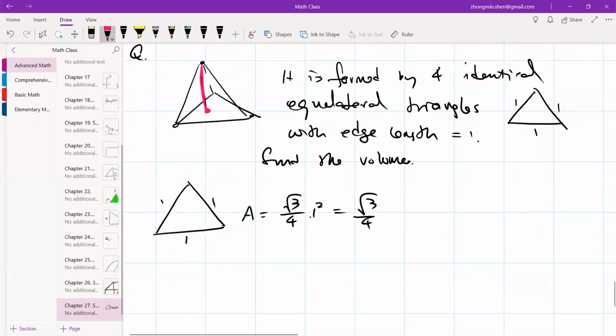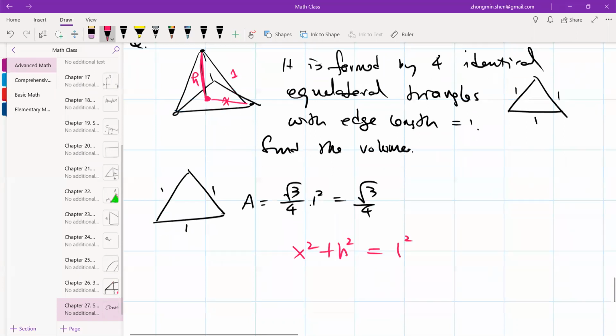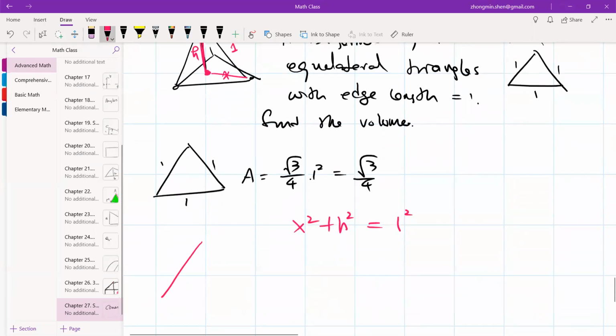So you have to solve the problem. This is the h, this is the x, this is the 1, right? So x squared plus h squared equals 1 squared. You still have to find the x. So that's my hint. Then you draw an equilateral triangle. The question is, from center to here, how to find the x?